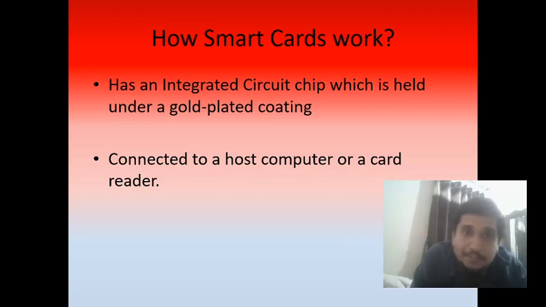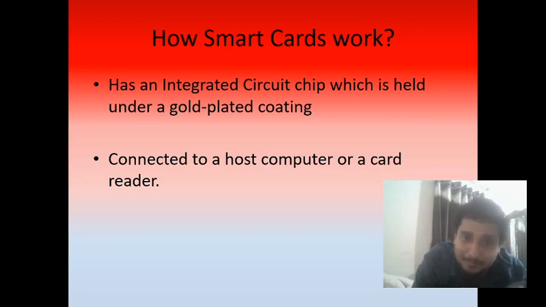Do all of you have an ATM card? Yes. This ATM cum debit card that you are using is a smart card. You can kindly check your ATM card, which is in your pocket or wallet. Just take it out and you can see there are a number of features.